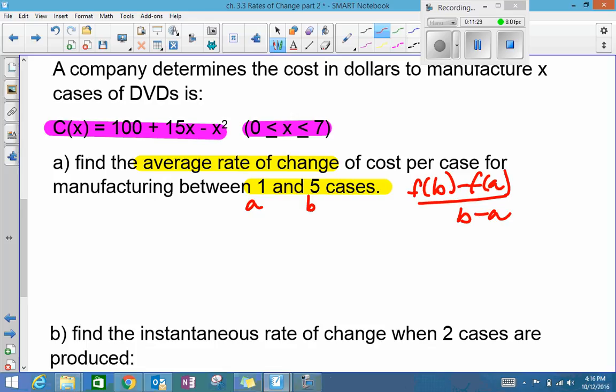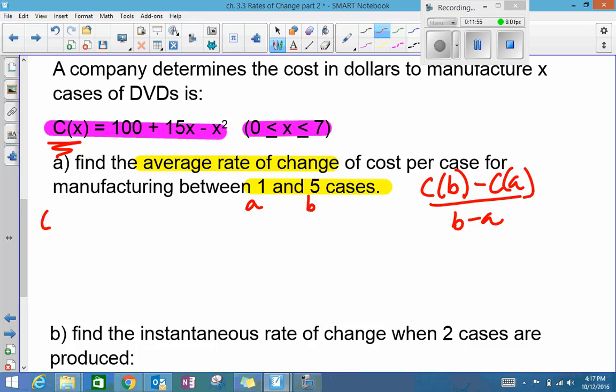So if we apply this, and actually here we're going to just use accurate business terms. So really, looking at this equation, we're going to say C of B minus C of A over B minus A. And again, I just changed it to reflect what we're calling our equations.